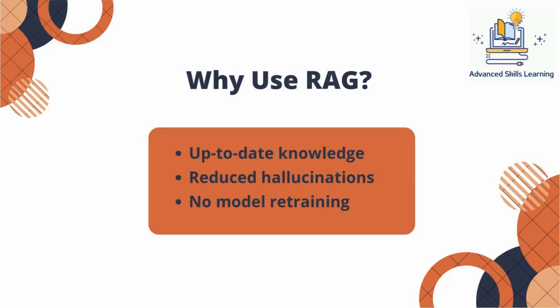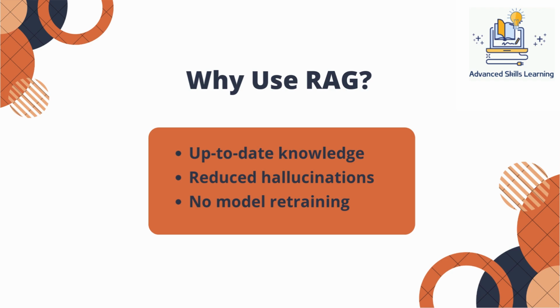One of the biggest advantages of RAG is that it significantly reduces hallucinations. Since the model is answering based on retrieved facts rather than guessing, the responses are more accurate and trustworthy.